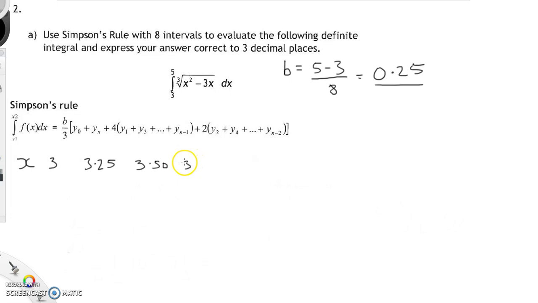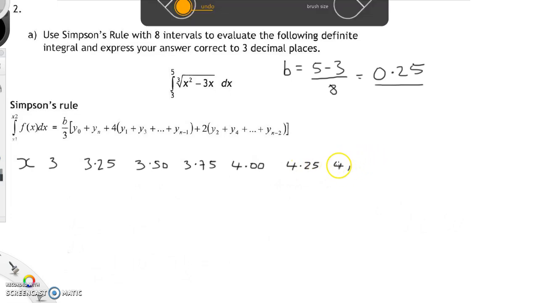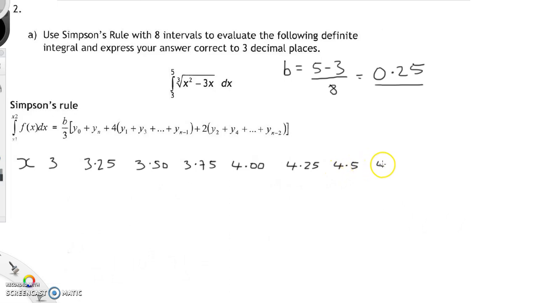Next is going to be 3.75. Then we're going to have 4, 4.25, 4.5, 4.75, and 5.